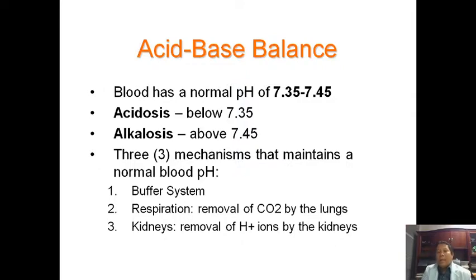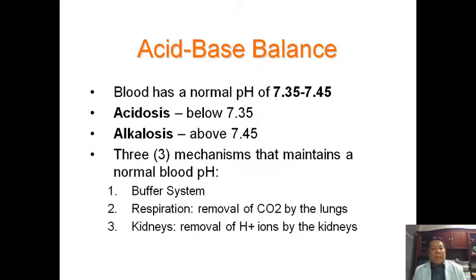So what does it mean? It means that at any blood pH lower than 6.8, the human organism will die, and at any pH value higher than 7.8, again, the human organism won't be able to survive.